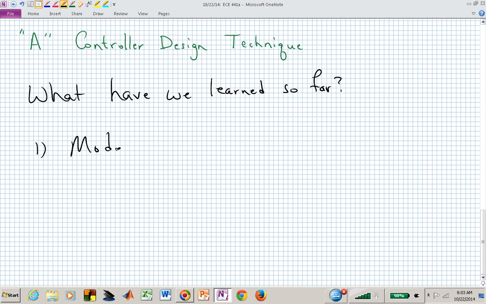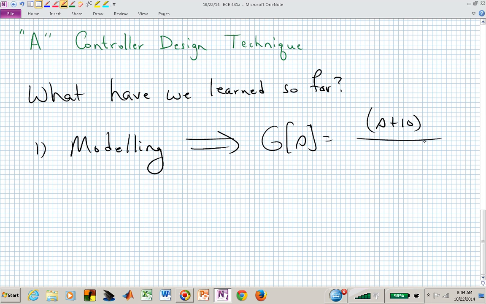We spent some time dealing with modeling. If you're an electrical and computer engineer, you've already spent a lot of time analyzing or modeling circuits. If you are taking this class, we've now learned a little bit about mechanical modeling, and all of that allows us to create some G of S, a model of our system.